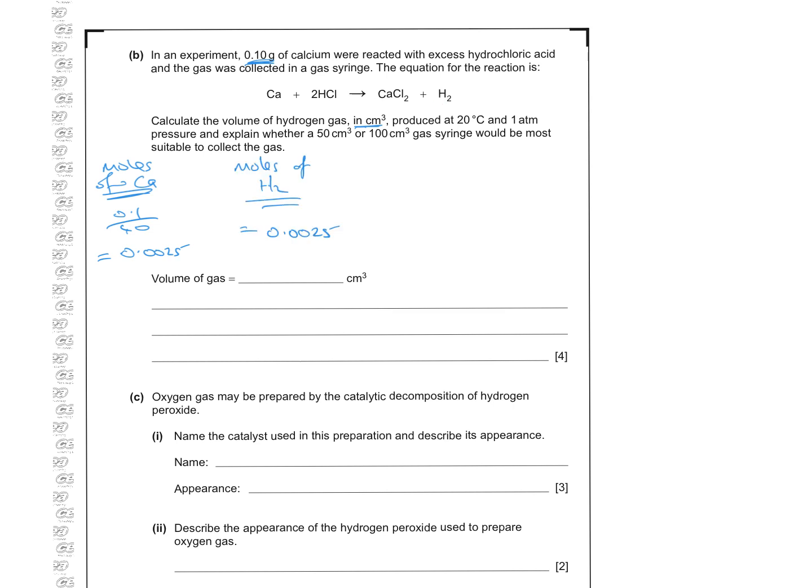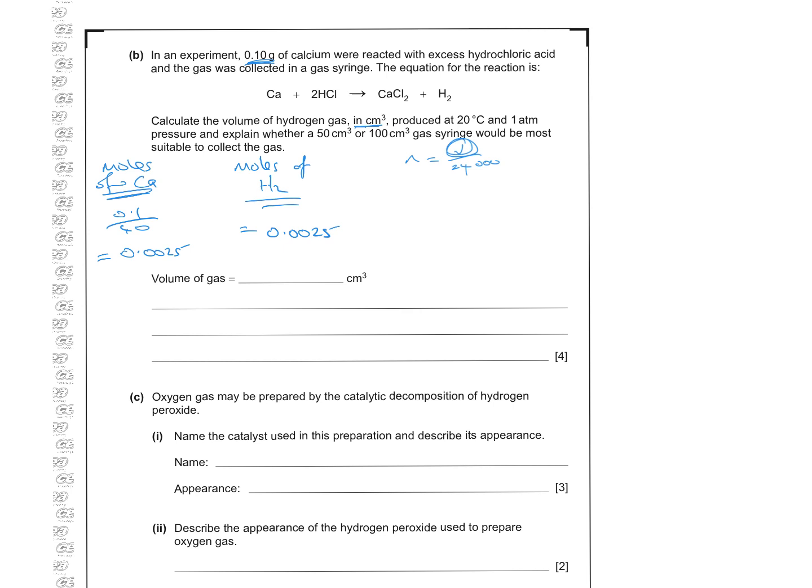This now needs to be converted to a volume, and when dealing with volume, we use 24 cubic decimetres or 24,000 cubic centimetres. So the question here wants the answer in cubic centimetres. So remember, number of moles equals volume divided by 24 cubic decimetres or 24,000 cubic centimetres.